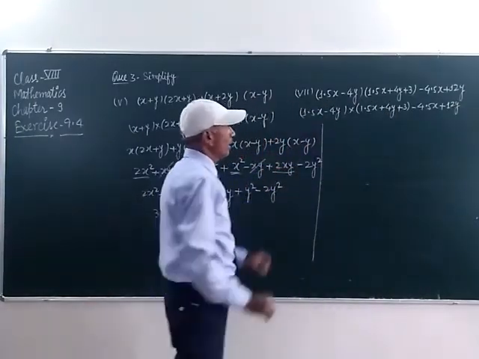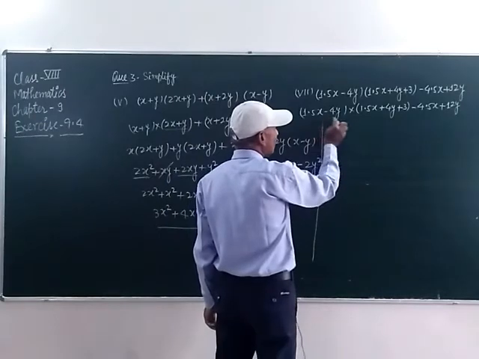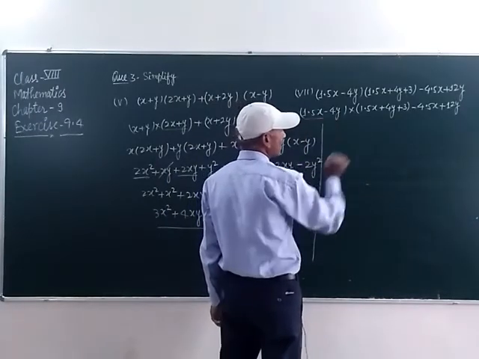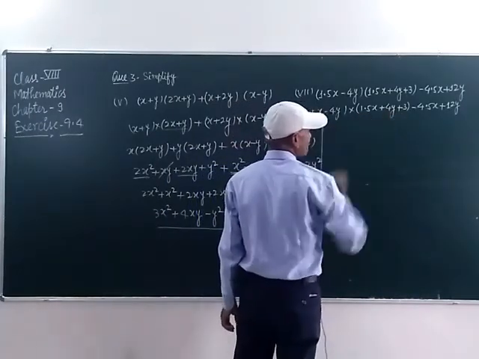Now in this student, first of all we have to multiply this 1.5x with the numbers in this bracket.